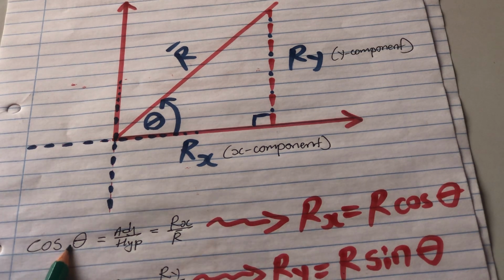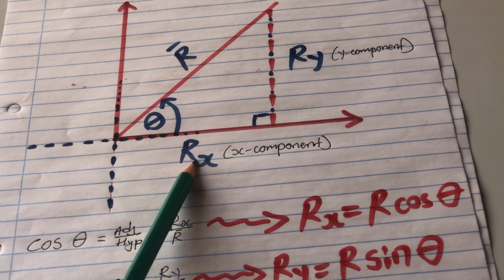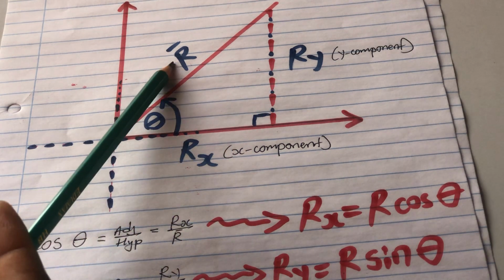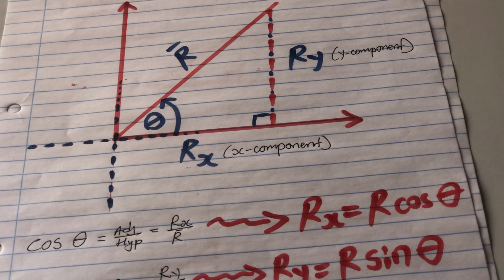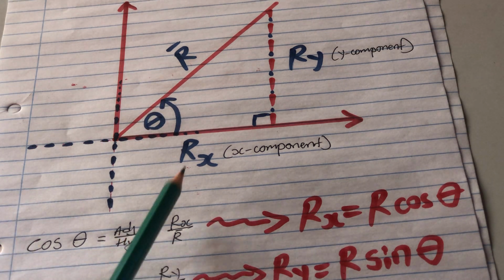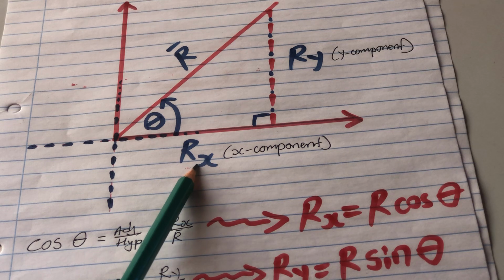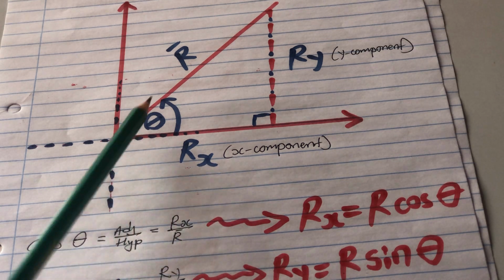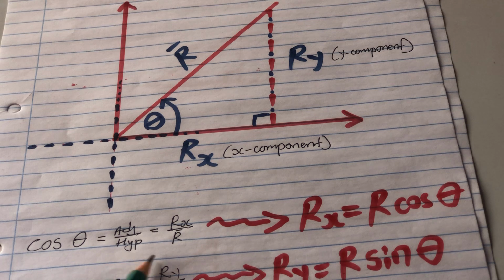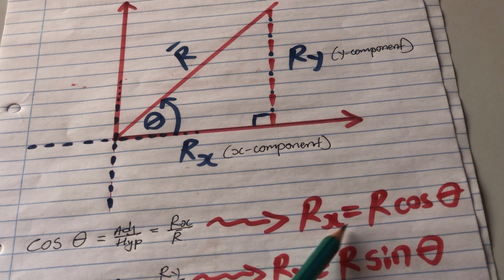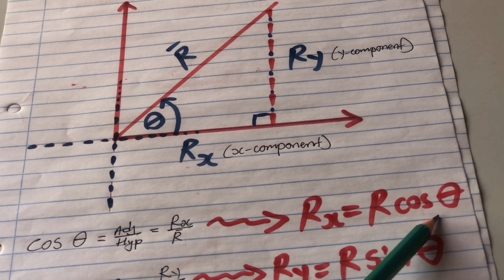We know that cos is adjacent over hypotenuse. My adjacent in this case is Rx, the x component, and the hypotenuse is R. If I do the cross multiplication between cos theta over 1 and Rx over R, we get Rx equals R cos theta.